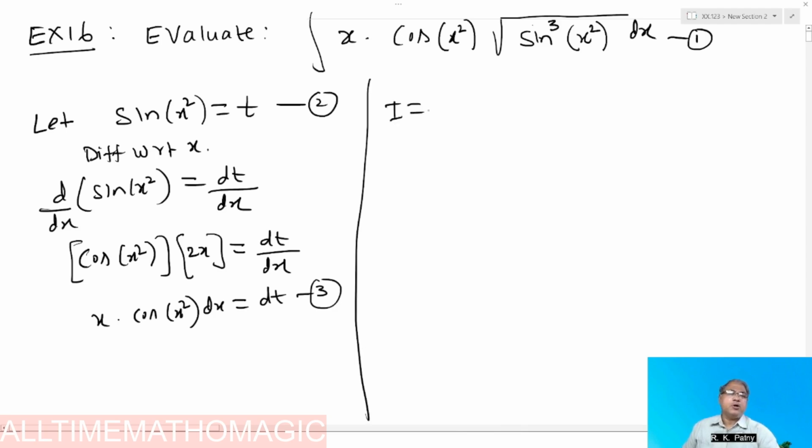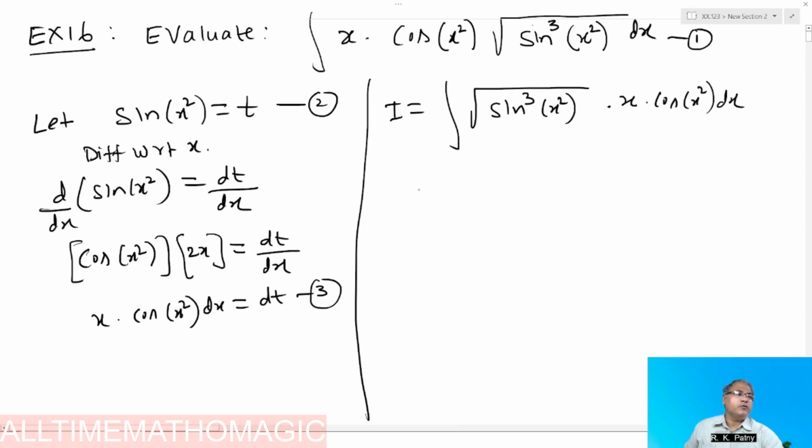Now we can write the given question as I equals to integration of root of sin cube of x square into x cos of x square with respect to x. This becomes t cube under the root and the second part becomes dt, from equations 2 and 3.